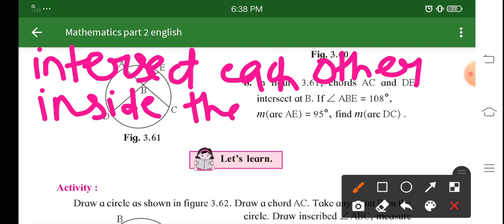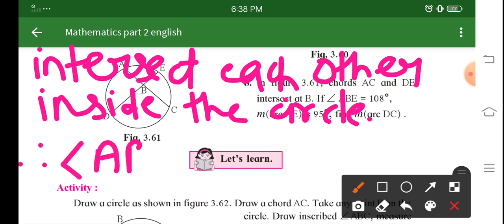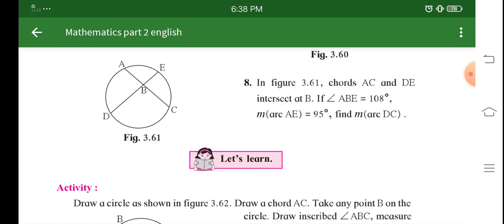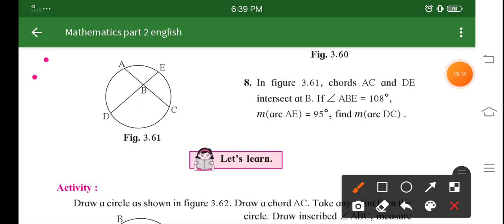Inside the circle है, इसलिए हम लोग क्या यूज़ करेंगे? Same, the measurement angle will be ABE is equals to half, then measurement. Okay, just wait. So I'm just writing again that part. Therefore angle ABE, right?